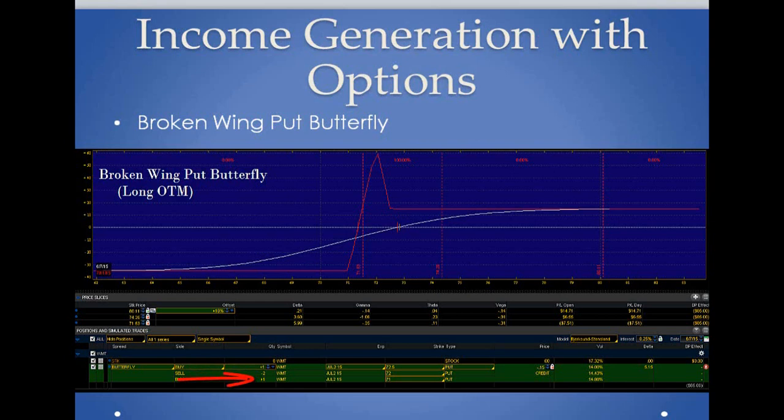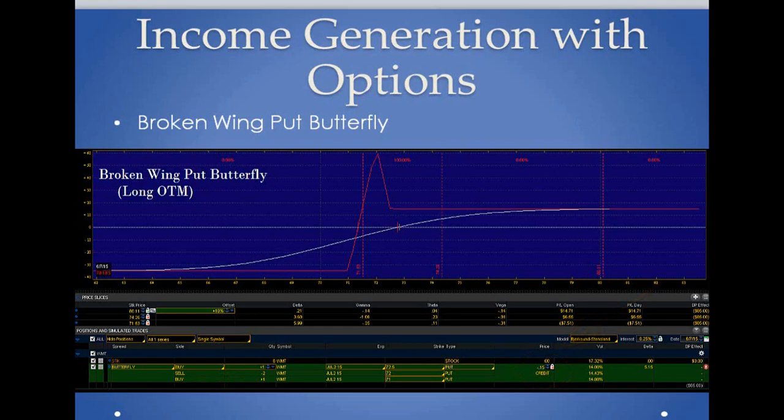Keep in mind, if this was the butterfly, we would be using the 71.5 puts. But we skipped that strike to give us a net credit of 15 cents. Just keep in mind, when you're using options, everything's multiplied by 100. If it's a 15-cent credit, it's actually $15.